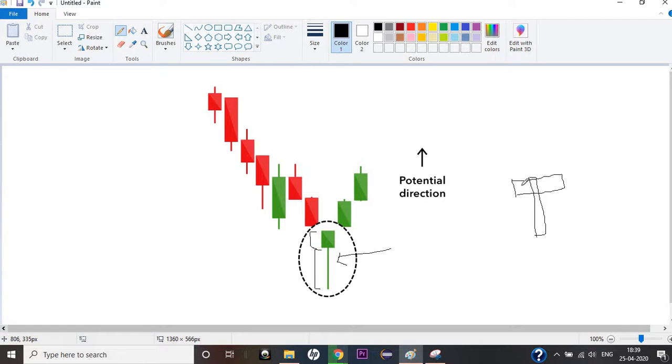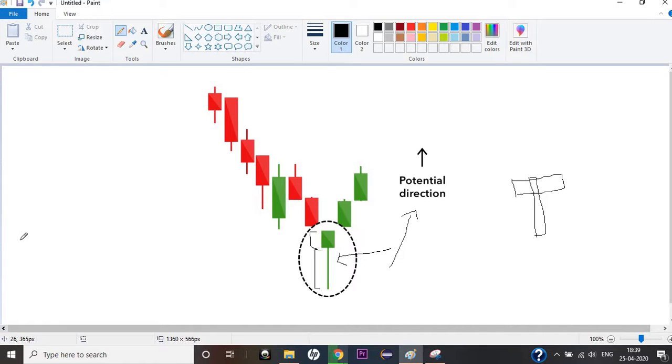If there is the slightest shadow, then that doesn't qualify as a hammer candlestick pattern. This candlestick pattern is categorized as a bullish candlestick pattern. That means whenever this hammer is formed, the green hammer candlestick, the market is going to go higher, the price is going to go higher.